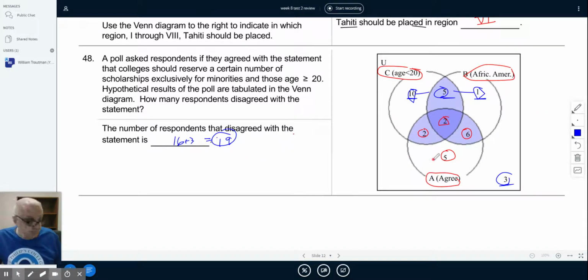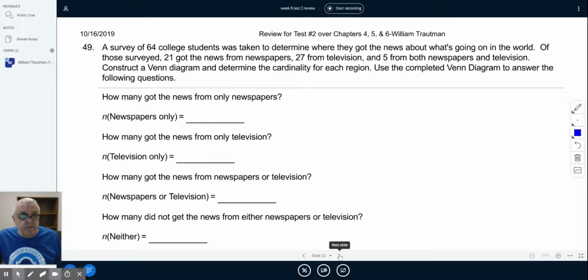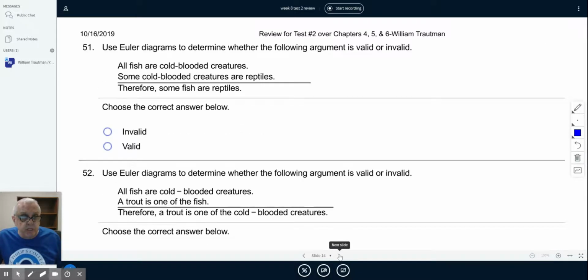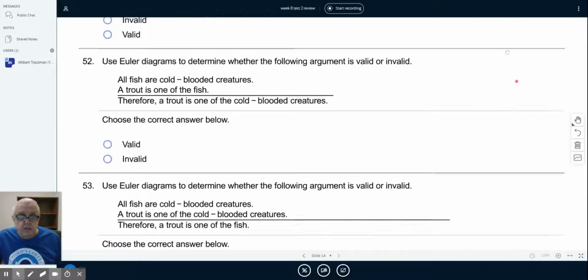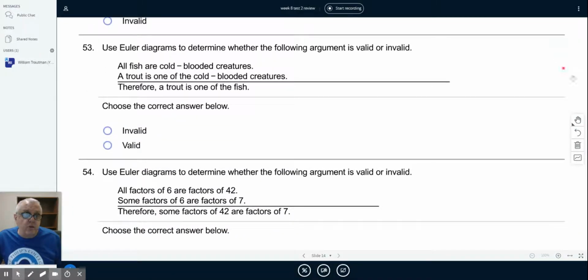All righty. We are going to 53. Problem 53. Oh no, the Euler diagrams. I should have done a video on Euler diagrams.